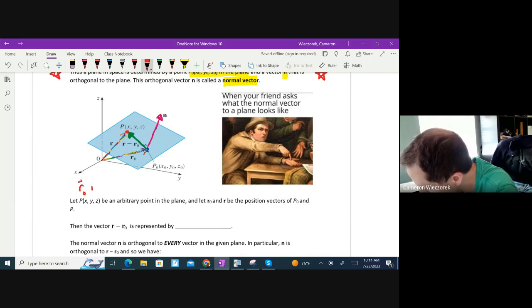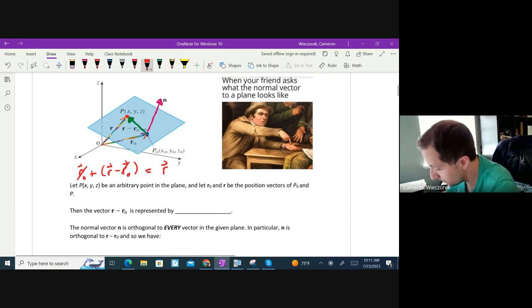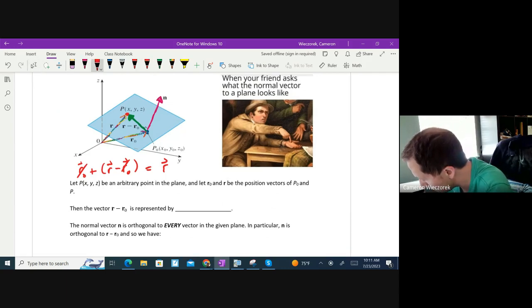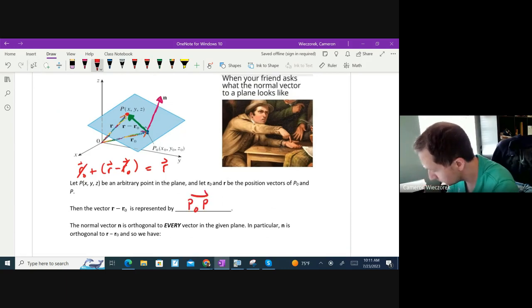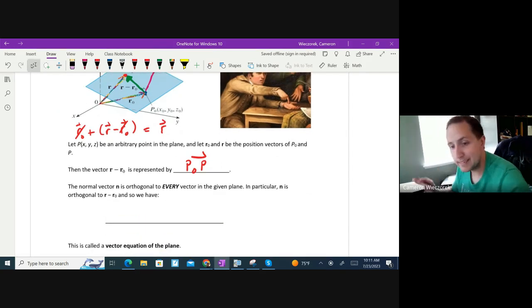The only way to get r as the resulting vector would be if my green vector was r minus r naught, because then the r naughts would cancel and I'd be left with r. So that green vector is r minus r naught, starting at P naught and ending at P. And the normal vector is orthogonal to every single vector in the plane.